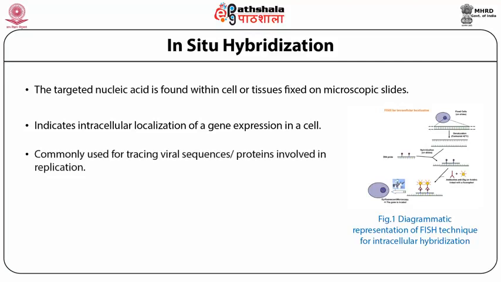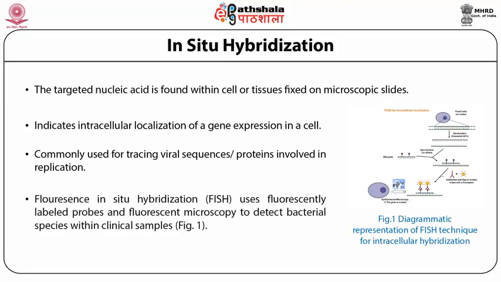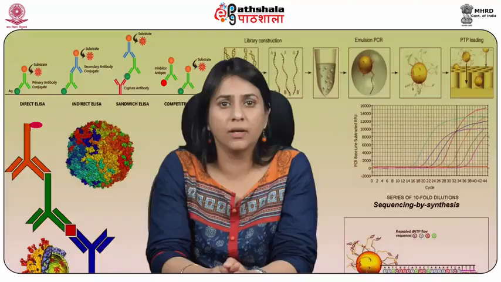It is commonly used for tracing viral sequences, proteins involved in replication, etc. The most common in situ hybridization is fluorescent in situ hybridization, which uses fluorescently labeled probes and fluorescent microscopy to detect bacterial species within clinical samples.